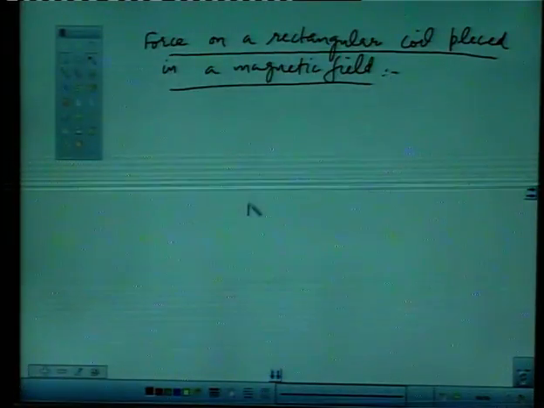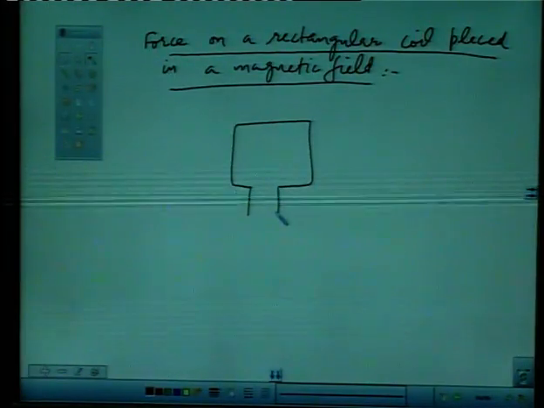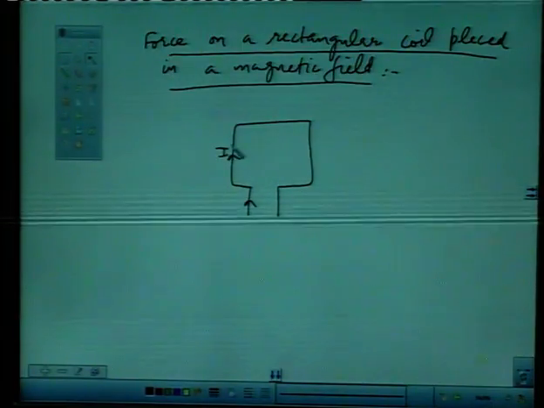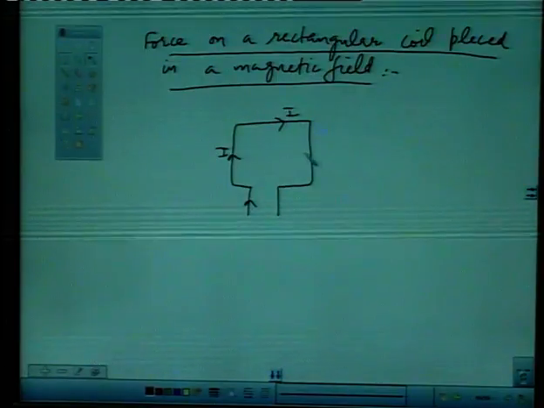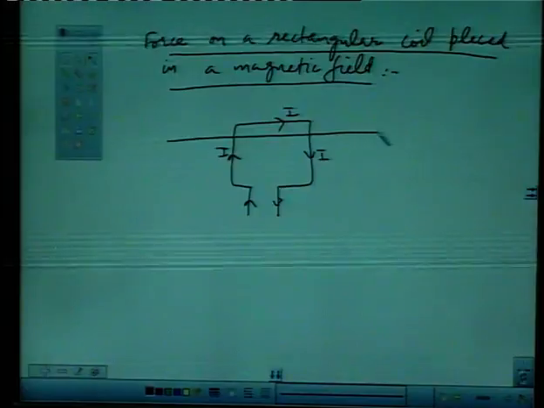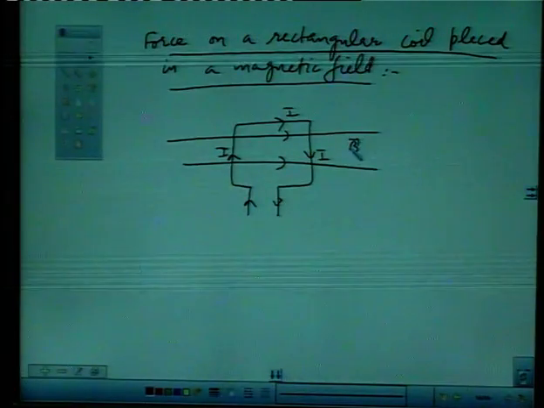Suppose we have a rectangular coil and the current I is flowing. This is the direction of current I, and it is kept inside a magnetic field. This is the direction of magnetic field.